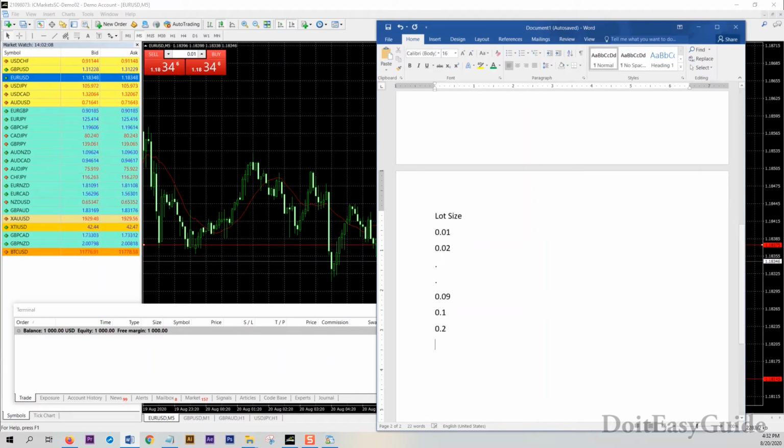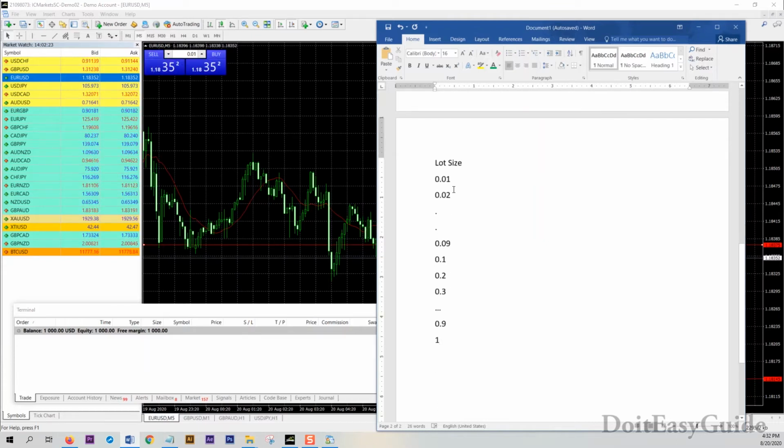And likewise you can go 0.2, 0.3, and so on, up to 0.9, then 1. So these are the major lot sizes: 0.01, 0.1, 1.